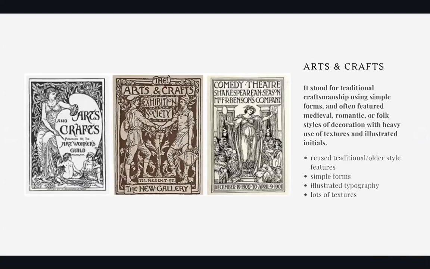Arts and crafts. Now, all these different movements had their time periods, but I think that's too much to put here because it's more information than might be necessary at this point. But they stood for traditional craftsmanship using simple forms, and they often featured medieval, romantic, or folk styles of decoration with heavy use of textures and illustrated initials.